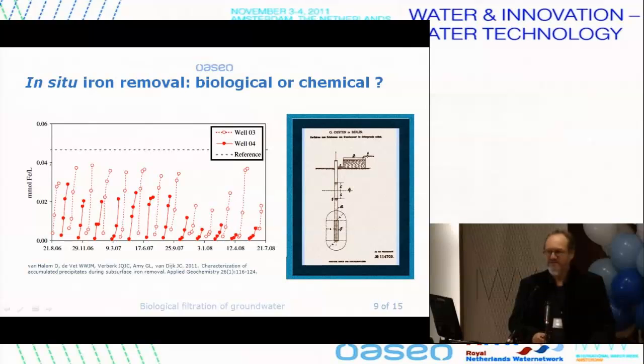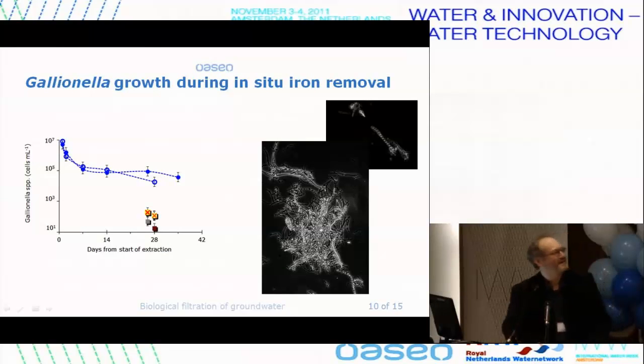And we looked at if Gallionella bacteria were actually growing in this well, and we found these results. This is one cycle of this in situ iron removal, so 42 days in this case.